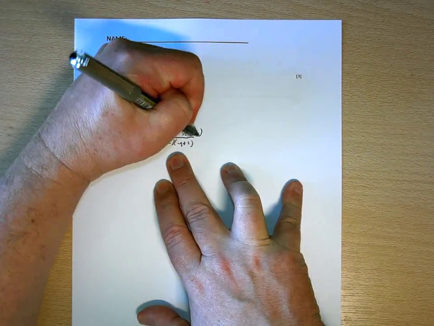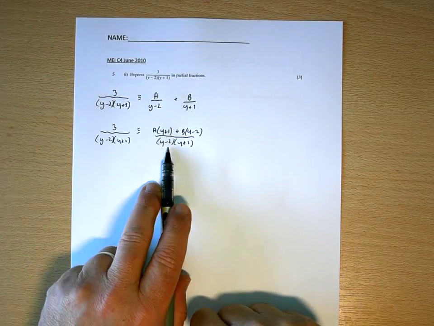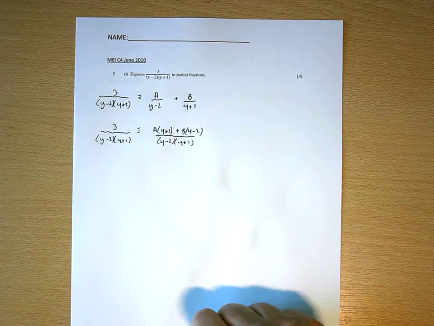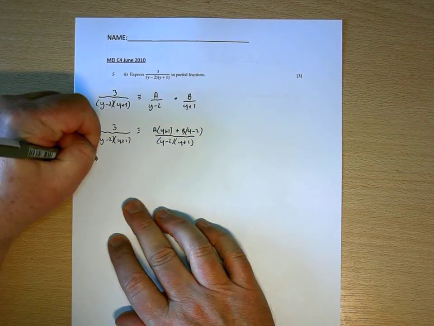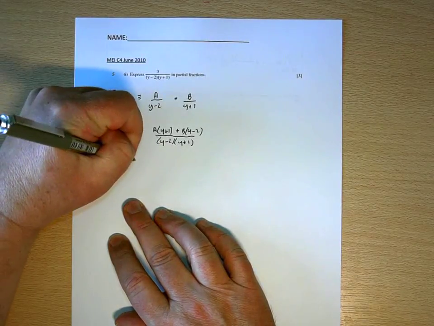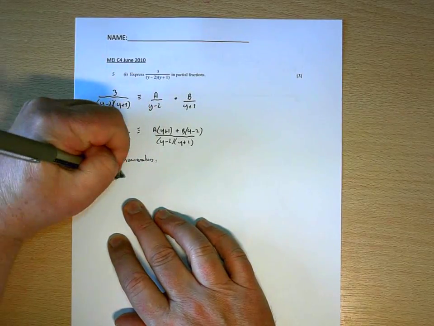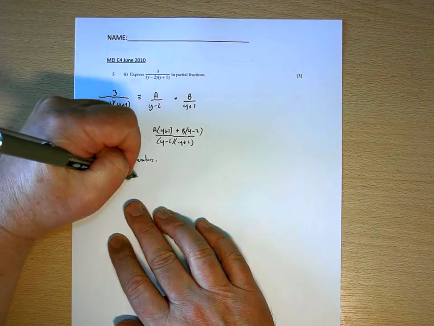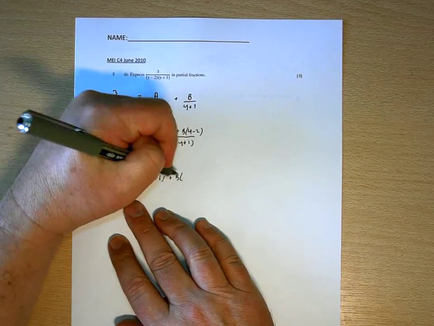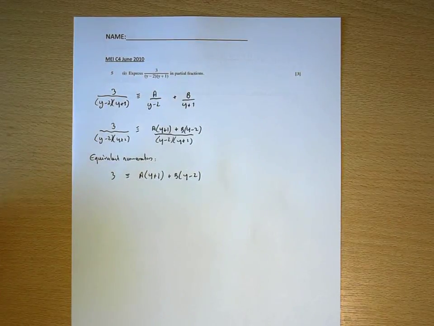So that's what we multiply that by. So the equivalence here, we have equivalent denominators, which means that the numerators must be equivalent too. So 3 must be equivalent to a(y plus 1) plus b(y minus 2).